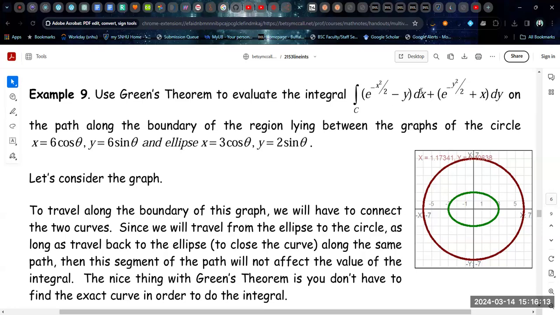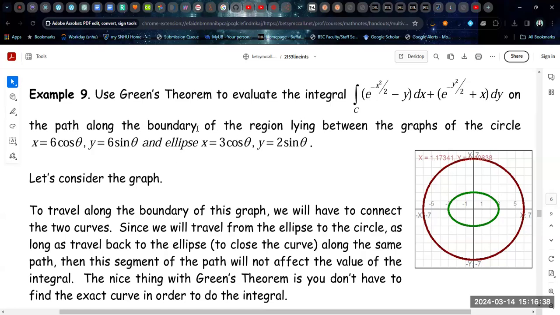But on the other hand, when you use Green's theorem, this is our N multiplied by dy, so we take the derivative for x, and we get a nice 1. And this one is our M multiplied by dx, so we take the derivative for y, the exponential goes away and we get -1. So using Green's theorem will make this ugly integral much easier to do.